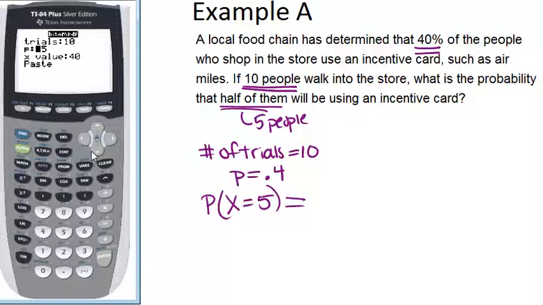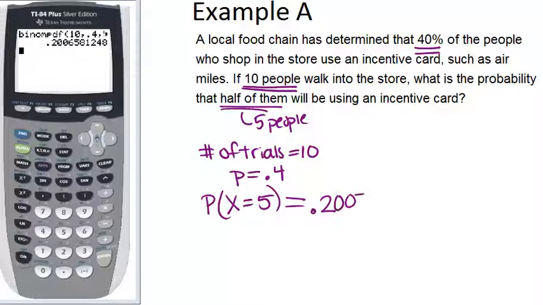Our probability is 0.4. And our x value is 5. Once we've entered that in, we can click paste and then enter again. And we get our probability is 0.2007. Or you could just round it to 0.20. So that's about a 20% chance that exactly 5 people will use the incentive card.